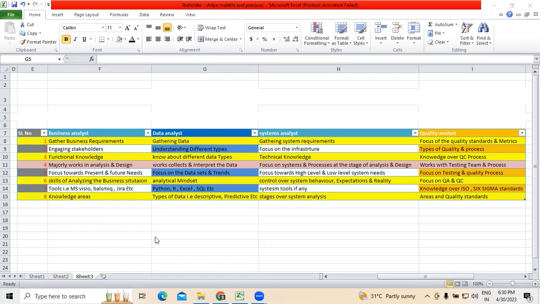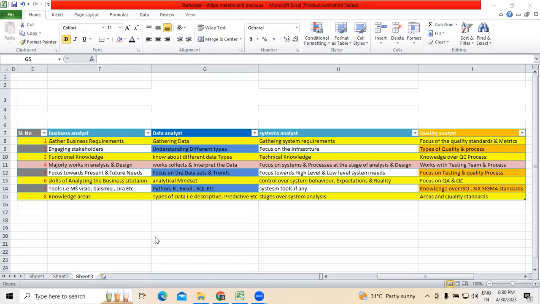Data analysts require analytical skills, because they are working on data using different tools and all that. So they need knowledge of analytical skills. For that, of course, they use some tools and all. That's a different story. Next, systems analysts should have knowledge of system behavior, expectations, and reality, because how will the system behave?